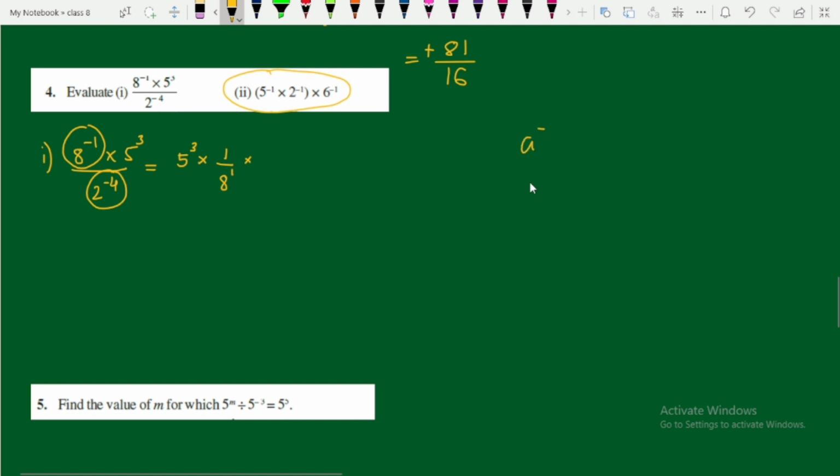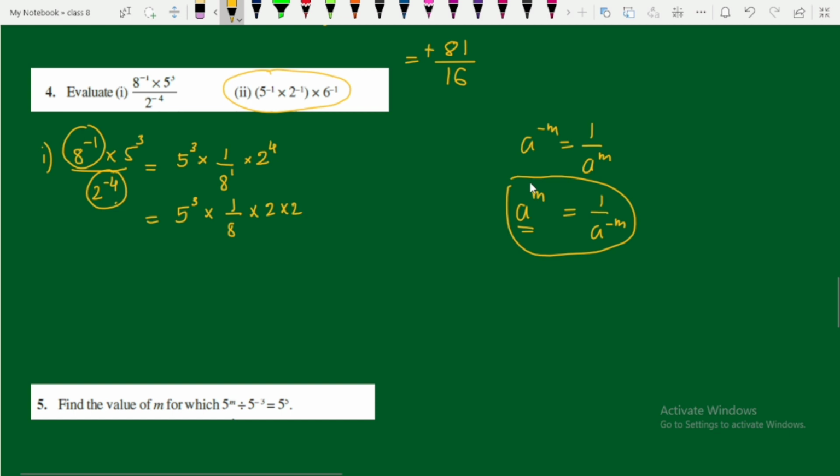In the same way, a raised to minus m we write as 1 upon a raised to m. Similarly, 1 upon a raised to minus m we can write as a raised to m. So we apply this to 2 raised to minus 4, that is 2 raised to 4. Now it is very easy to solve: 5 raised to 3, then 1 upon 8. Here 2 into 2 into 2 into 2, how many times is it 2? It is 4 times.